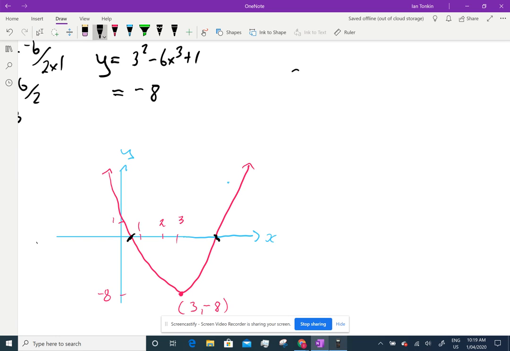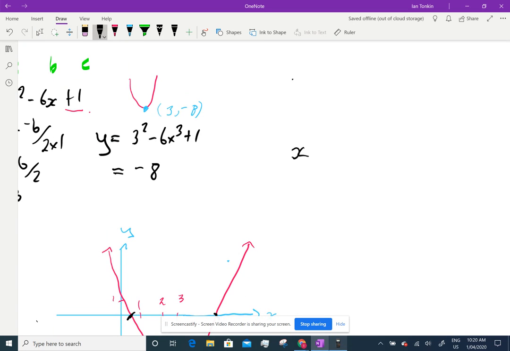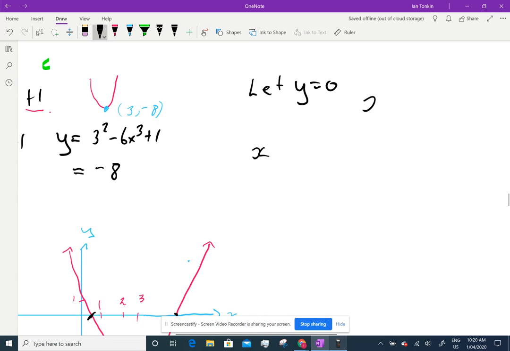So remember, what are we doing when we're finding the roots? We're going to let y equals 0, because we're finding the x-intercepts, which means x squared minus 6x plus 1 equals 0. Now, we just go straight to the quadratic formula.